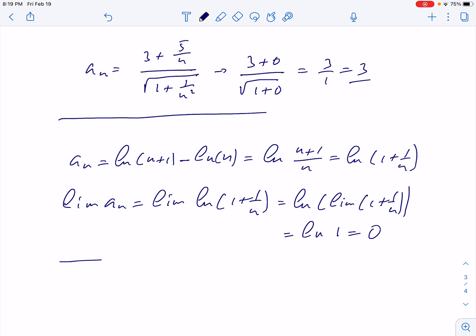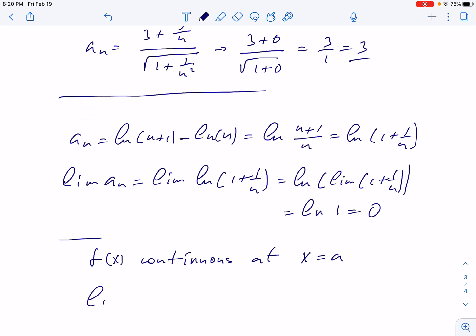So I mentioned that for continuous functions we can do this. Let me remind you of the property that I'm using. If f of x is continuous at x equals a, at some number, then limit f of x sub n equals f of limit x sub n.